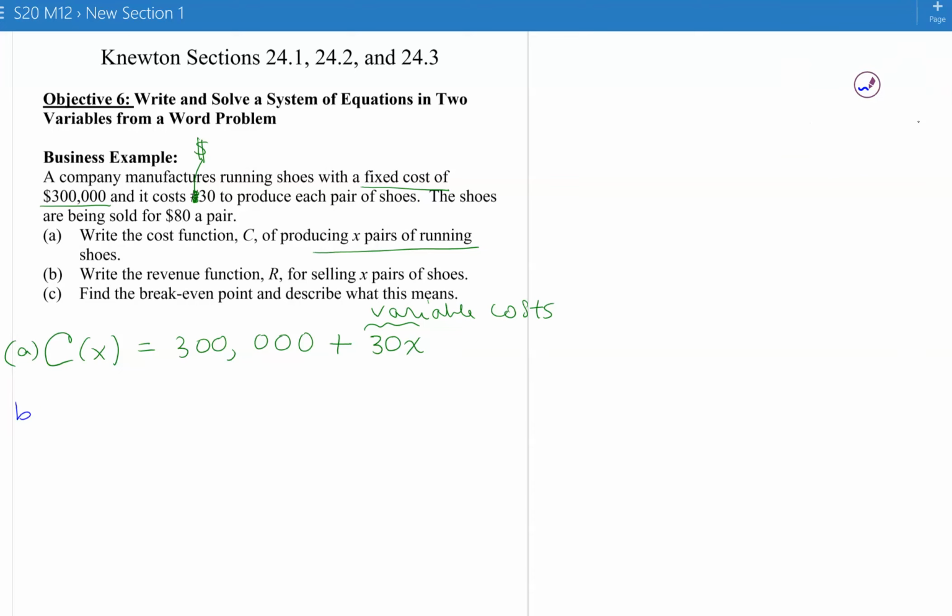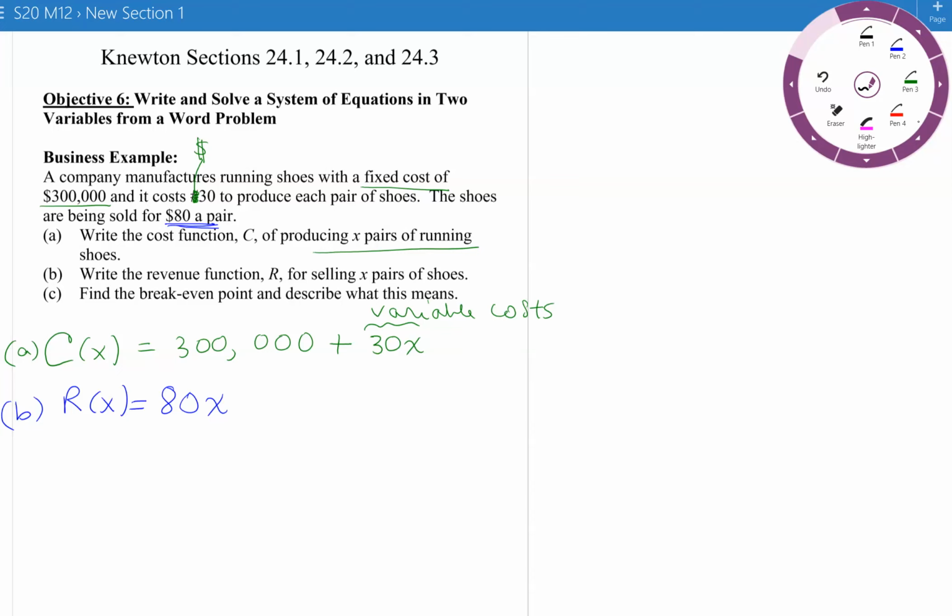So then part B says write a revenue function for selling x pairs of shoes. So if I sell x pairs at $80 a pair, I'm going to get 80x as my revenue. So then it asks us to find the break-even point.